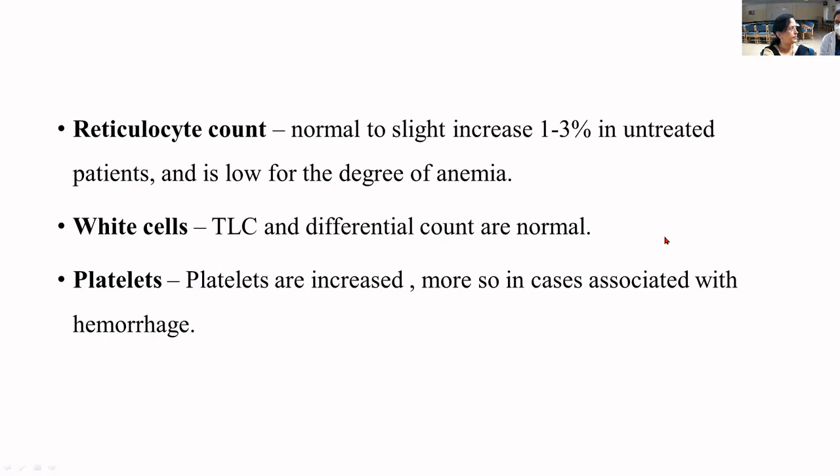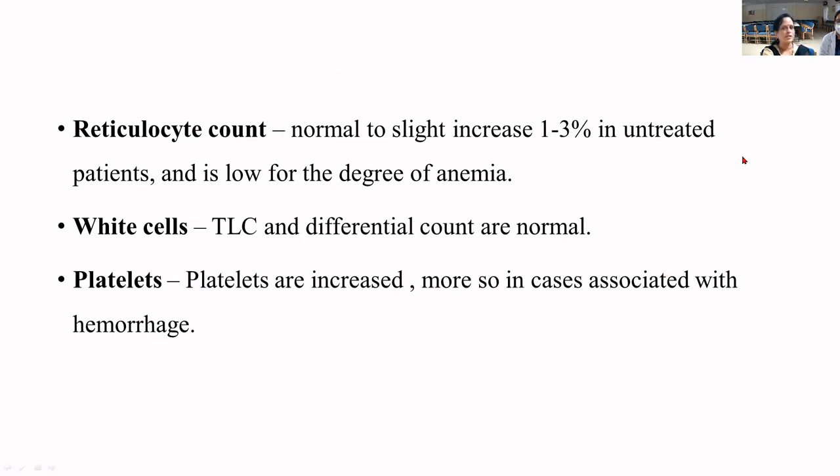What does it mean? Parasitic infestation, which could be one of the causes for the anemia. There are other causes for eosinophilia also, but given this scenario, think of that. Platelets are increased only when there is associated hemorrhage; otherwise they are normal.